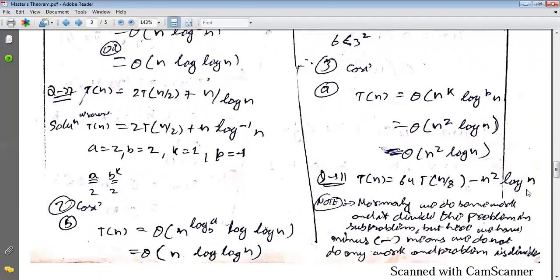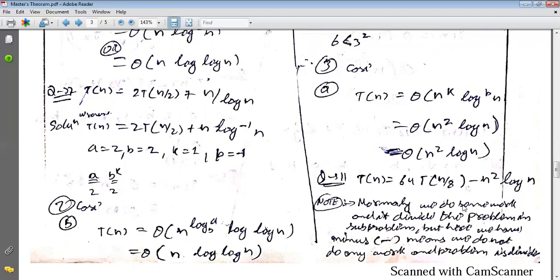I repeat once again what the equation is: T(n) equals a T(n/b) plus n to the power k into log of n to the power p. So here a is there, b is there, k is there, and p is there, because we have the logarithmic term. And the value of p is 1.